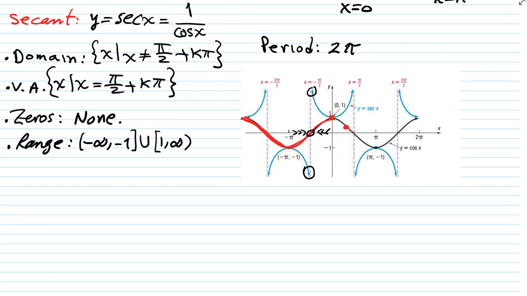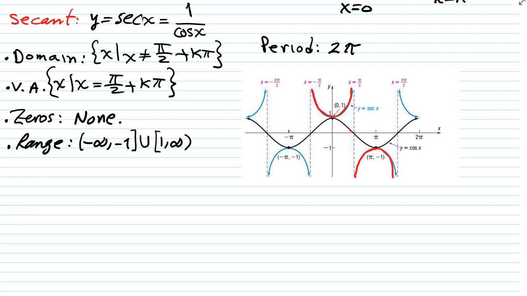The actual graph that we want is the graph in blue here. This is the actual graph, and here, this will be one cycle. That will be one cycle of the graph of secant. In a few minutes, I'll show you how to graph a typical secant function.